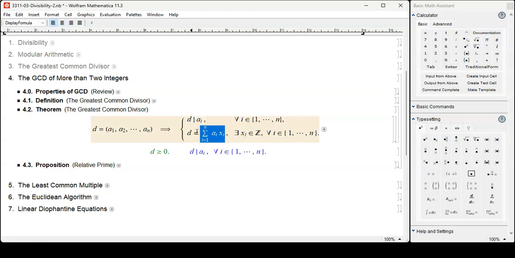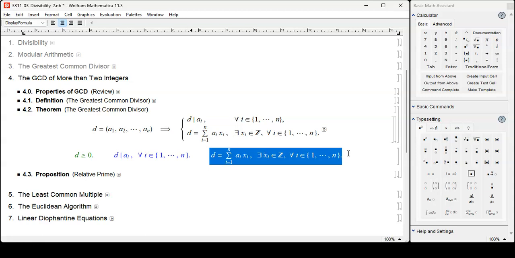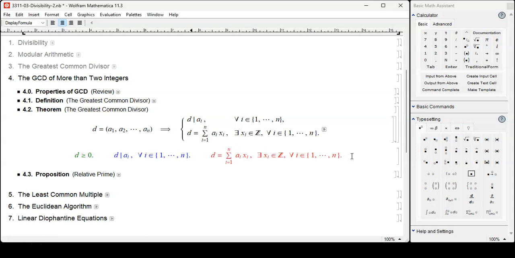And the third ingredient is this one here, linear combination. And then each component, did I say component? Excuse me, each coefficient here, those are integers for all indices I. How to prove those? Well, that's left to you.